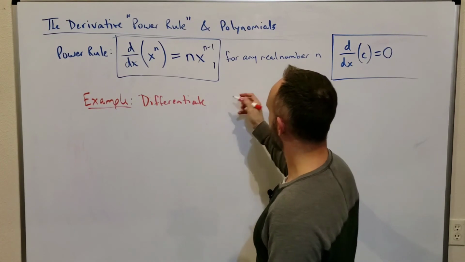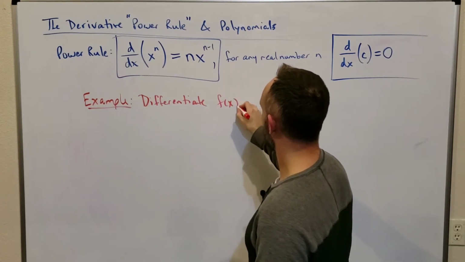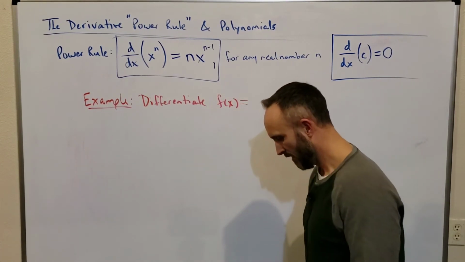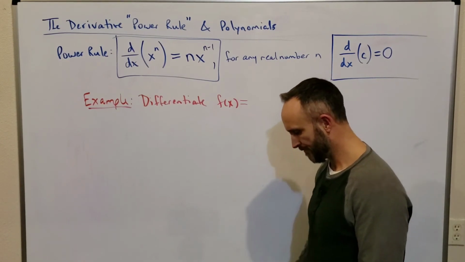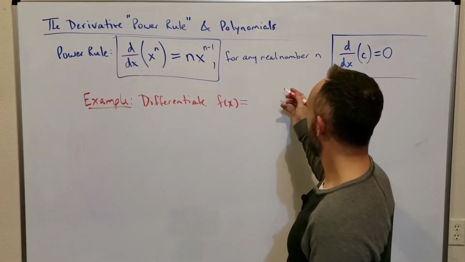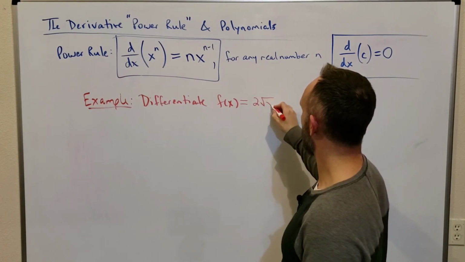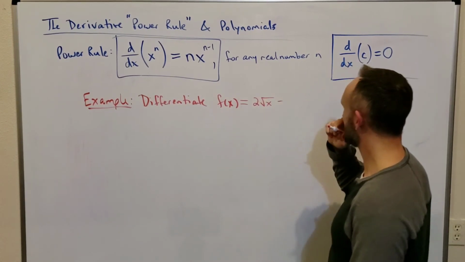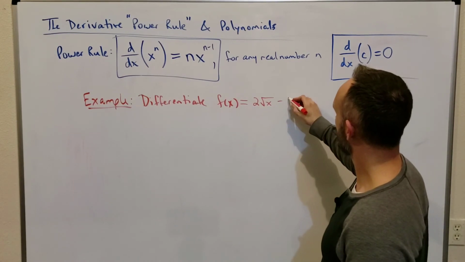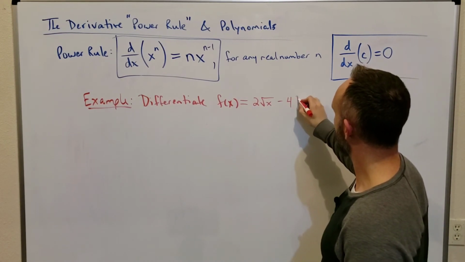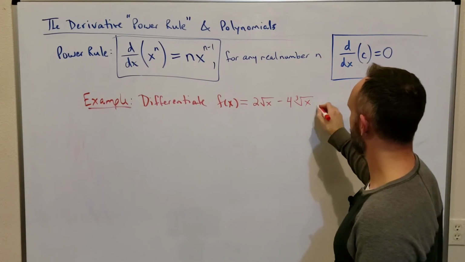How about f of x equals 2 times the square root of x minus 4 times the cube root of x. Okay?